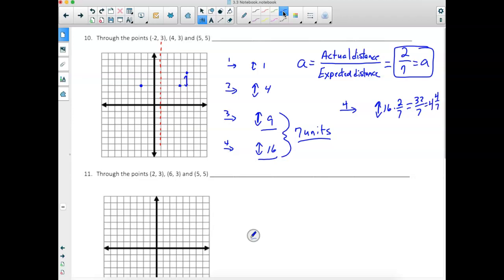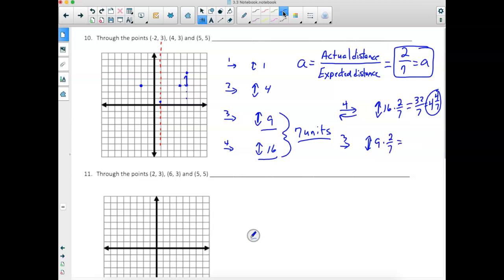So if I went backwards, I should be able to go down 4 and 4/7 and then go left 4 units to find my vertex. So if I went 1, 2, 3, 4, and 4/7 is a little under a half, over 4, my vertex should be right about there. And I can use it on my other one too. Typically, if I go over 3 units, I would be going up 9 units times 2/7.